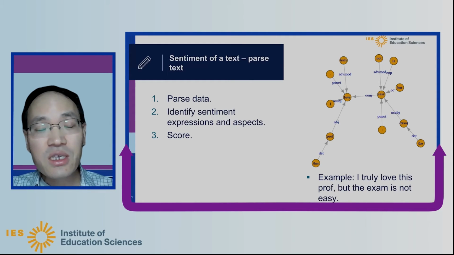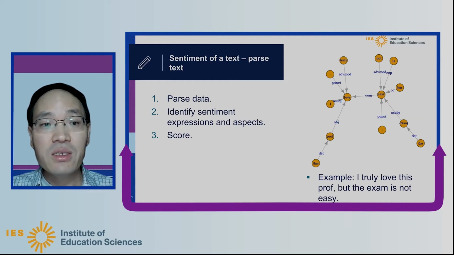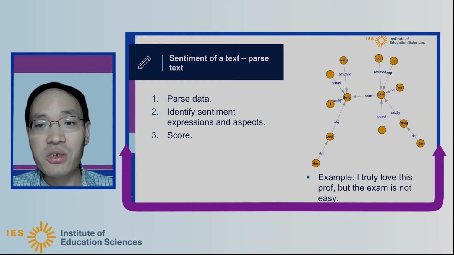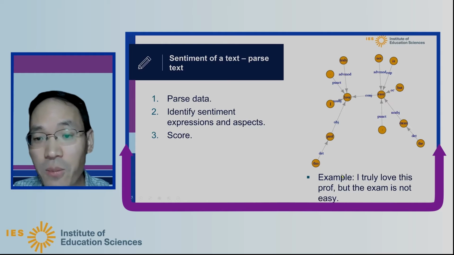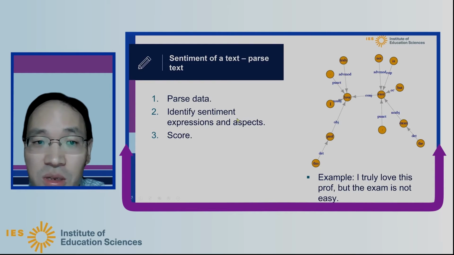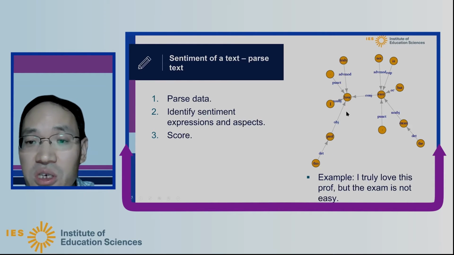Now we have a sentiment dictionary. We have the sentiment score, sentiment expression, and the aspects. So if we have a comment, then we can get the sentiment score for the comment. How do we do that? Once we have a comment, for example, one that looks like this, we first parse the text into individual words.